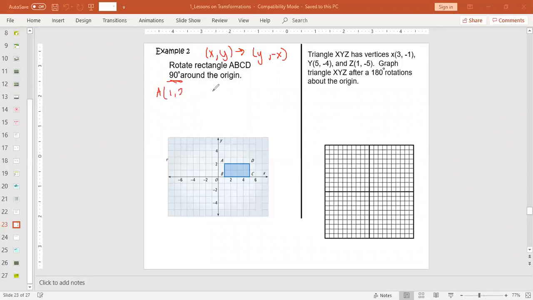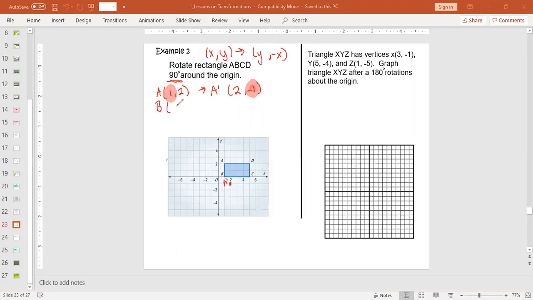So I'm going to start with A. A is at the point 1, 2. So A prime, I'm going to switch their places, and then I'm going to change the sign of whatever x was. So x was +1 here. So over here, it's going to become -1. So I know A prime is at 2, -1. Okay.